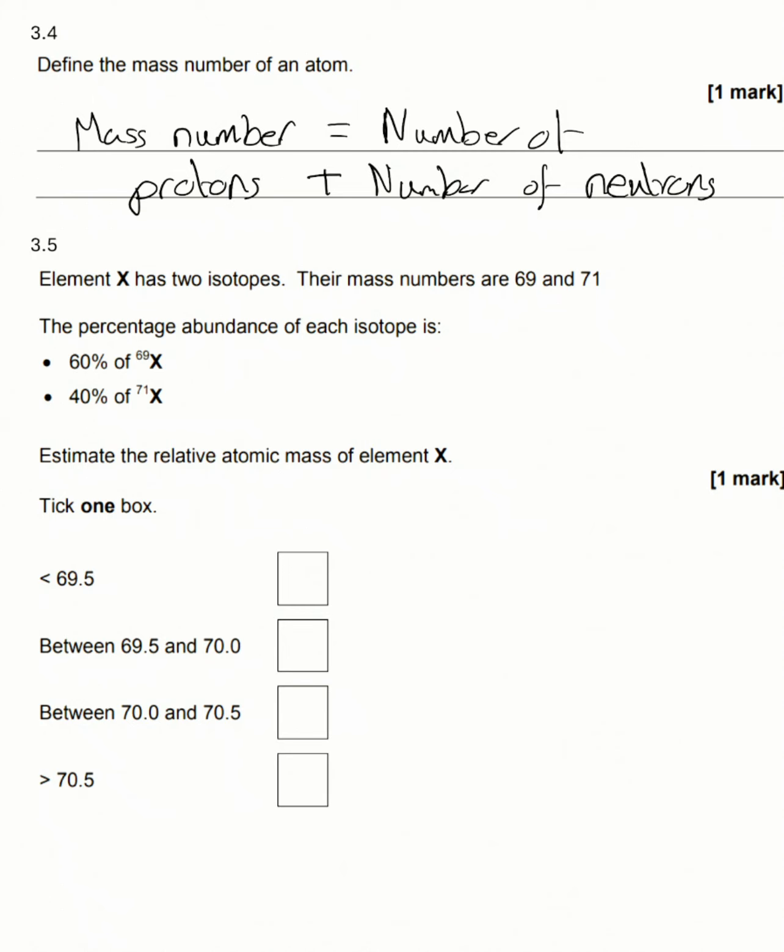Electrons are so small they don't figure into the mass at all, but this particular mark scheme allowed and, but many mark schemes don't, so it's very important, I think, to stick to plus.